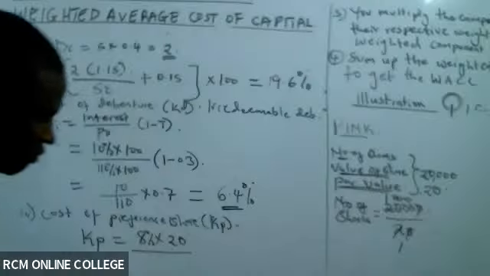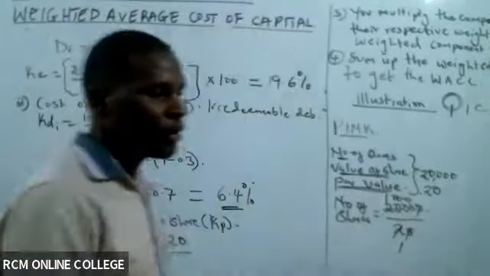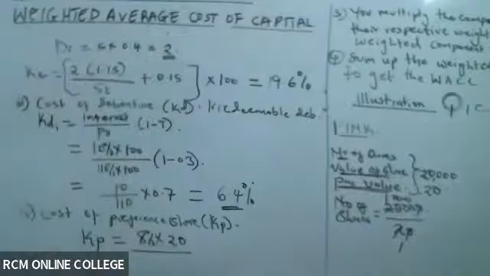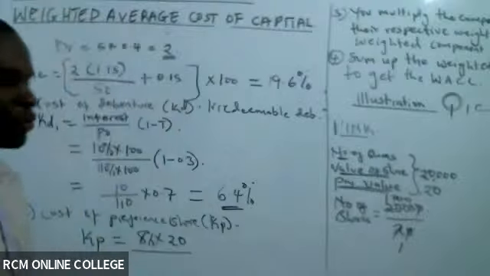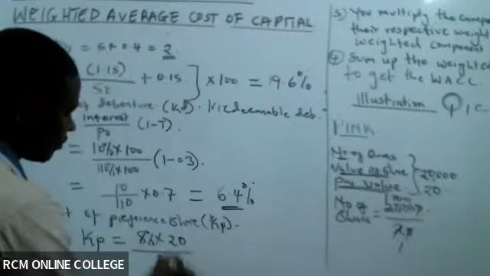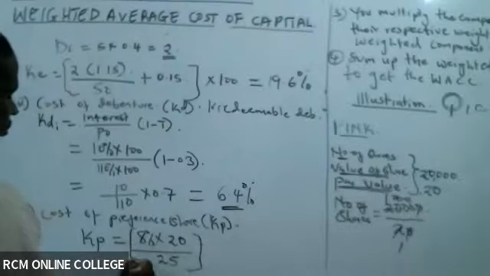I think this is where people made mistakes, forgetting to multiply by par. What is the market price of the preference share? Just check the additional information: 25. Of course, what you get, you then multiply by 100.